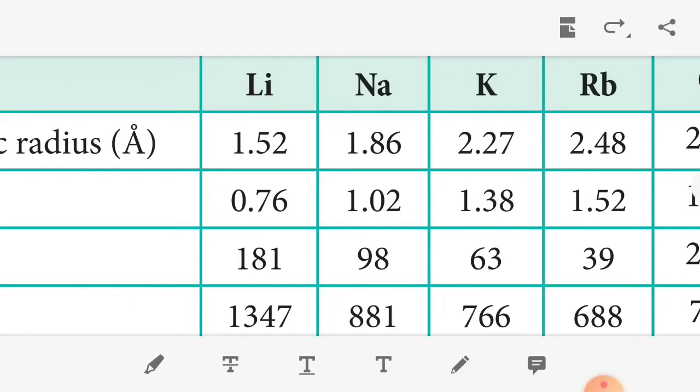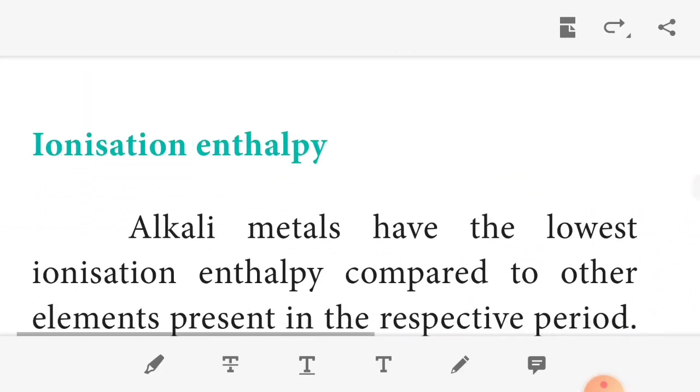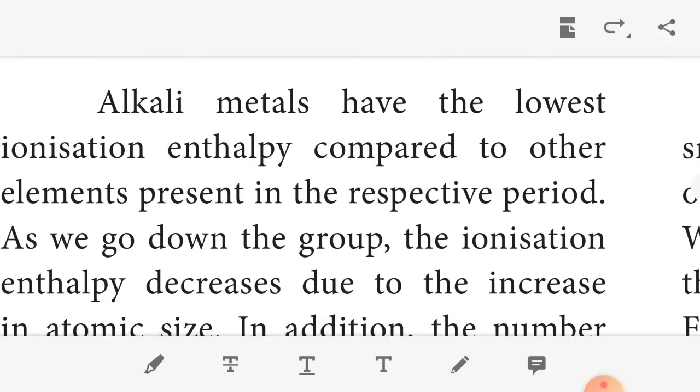The next topic is ionization enthalpy. The alkali metals have the lowest ionization enthalpy compared to the other elements present in the respective period. As we move down the group, the ionization enthalpy decreases due to the increase in atomic size.